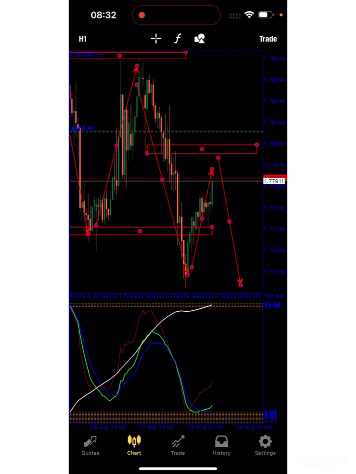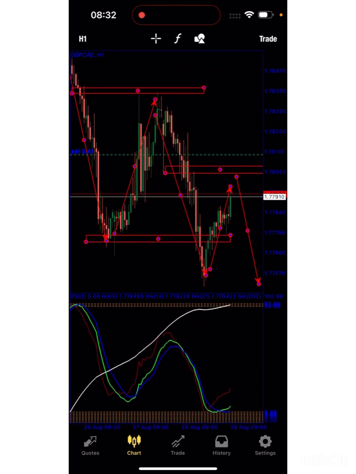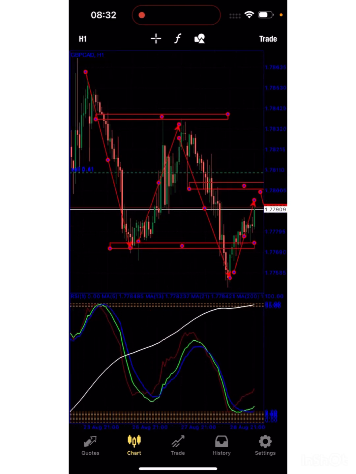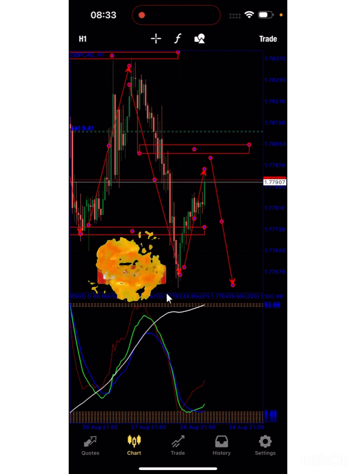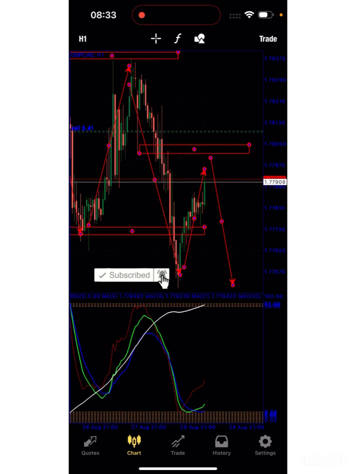The reason I'm showing this is that I'm trying to teach you everything in one. You need to understand the movement of the market, because if you don't understand anything at all and you're just relying on a mobile strategy, sometimes you're going to take a trade which is not ready to be taken.